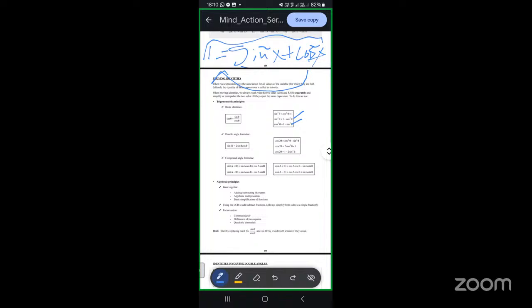Yes, sir. Oh, okay, thank you. Then now let me add this one. Why am I writing this big? I'm sorry. Let's say we are having sine squared x plus cos squared x is equal to 1.